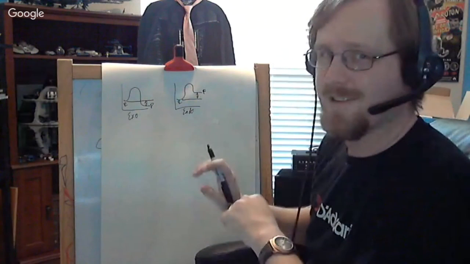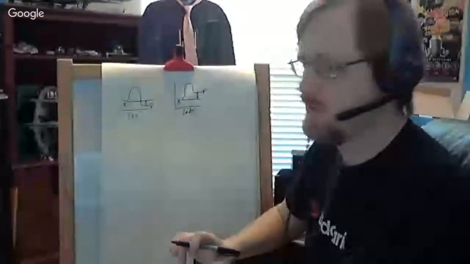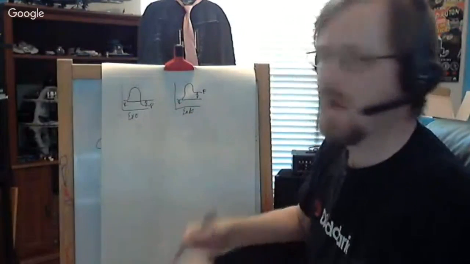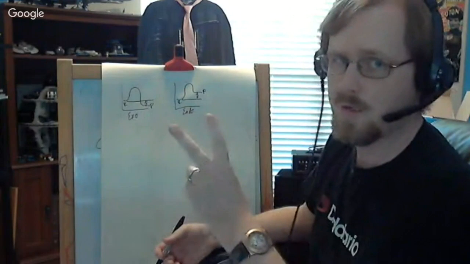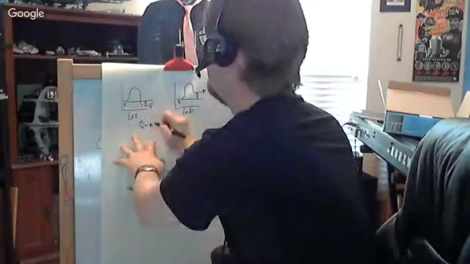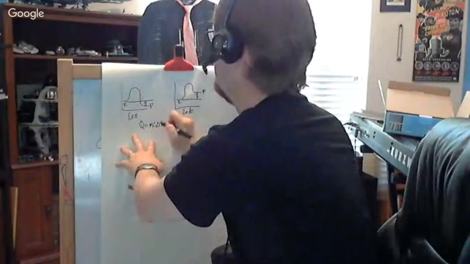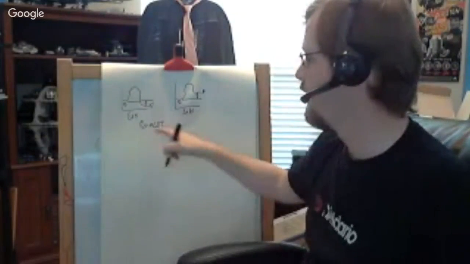Okay, back to energy. So those are the graphs. Now, how do we actually apply that? Well, there are two equations that we learned. One of them is Q equals mc delta T. Q is energy measured in joules or calories.